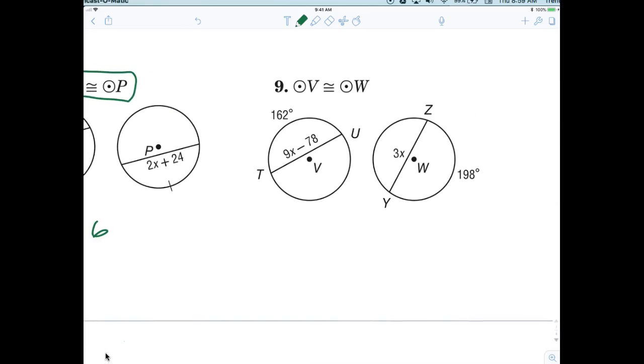Over here, same principle. They tell you that the circles are equal. Now, I'm not sure if that's correct, right? Because I have 198 and 162, so what's the problem? 198. Yes. So arc YZ is how much? 162.